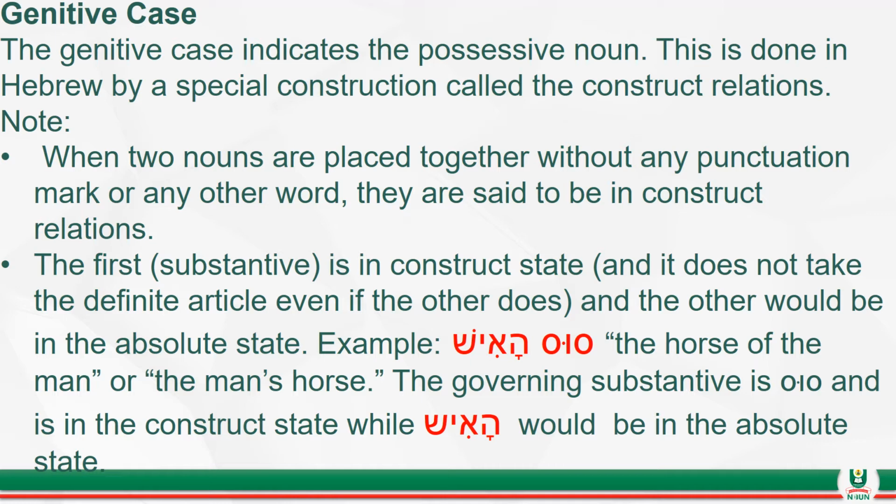You will observe that the two words are placed together and there is no word, no punctuation, coming in between them. And the first noun, which is in the construct state, does not have the definite article, even though ha-ish has, and it is translated the horse of the man. As you know, it is showing possession, so it is in the genitive case.